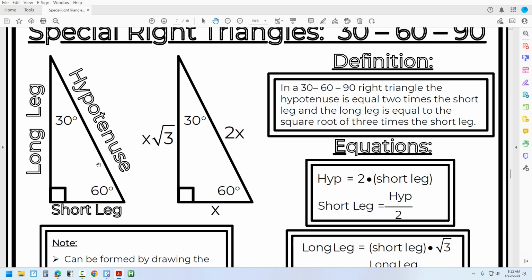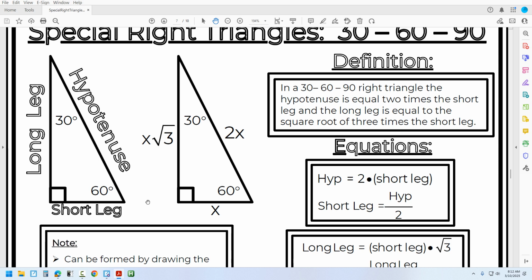Okay. And just like in a 45, 45, 90, there's a connection between all the sides. And these are what we want to fill in for the blanks. So the one on the left, you're going to put x square root of 3. The hypotenuse, you're going to put in 2x. And the side on the bottom, you're going to put in x.